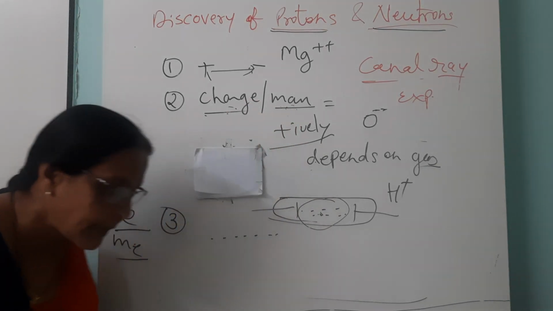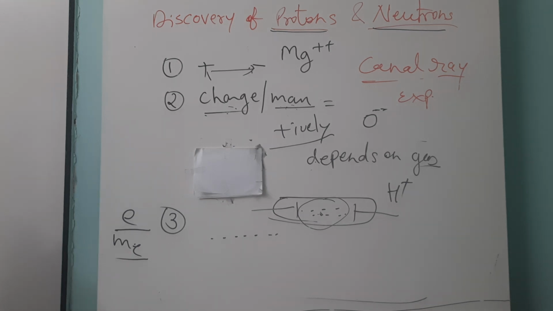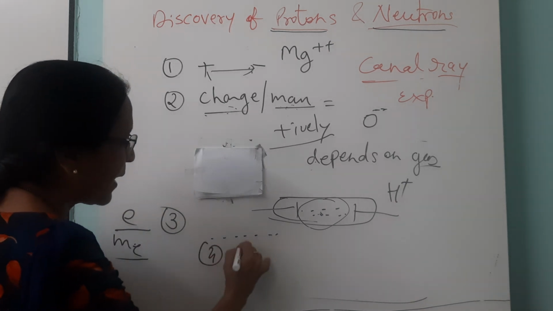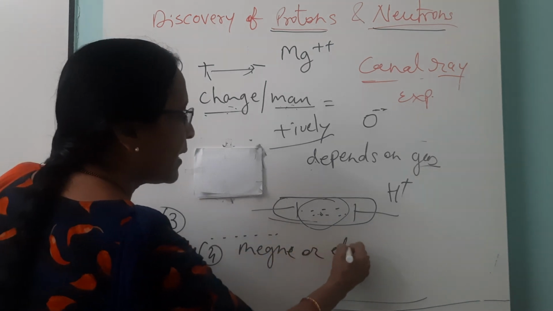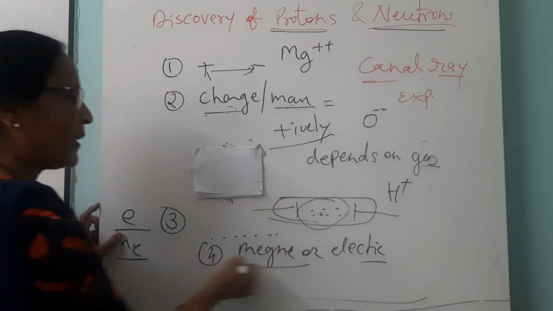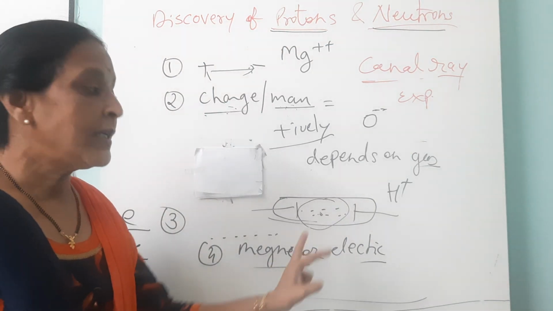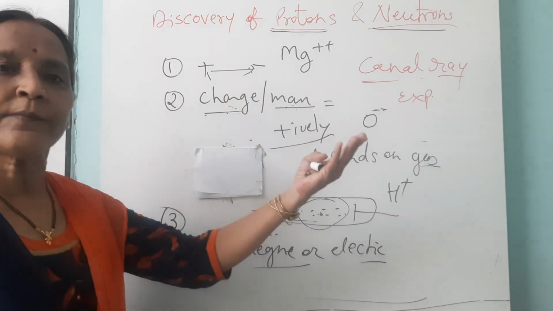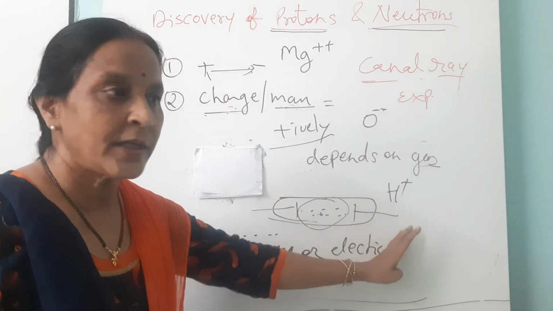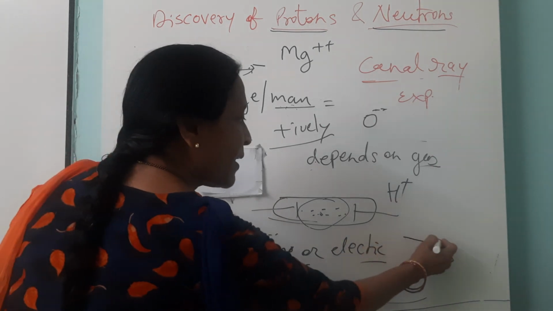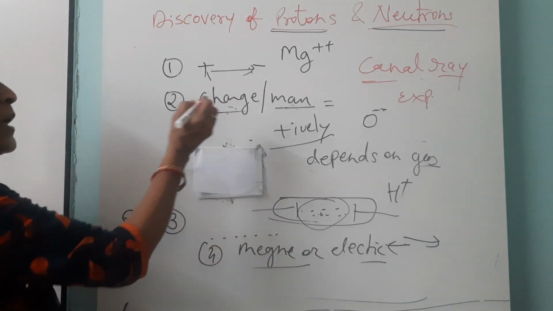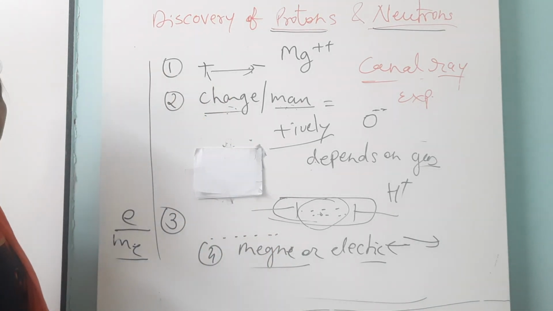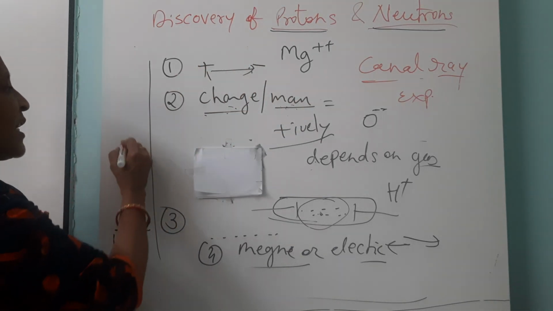Now the fourth point is the behavior of these particles, that is, the magnetic property of this charged particle in a magnetic field or an electric field. In magnetic or electric fields these properties are just opposite to the electron. If the electron goes in this direction, the proton's properties show just the opposite direction. After all this, the conclusion is taken and the name is given to this charged particle.